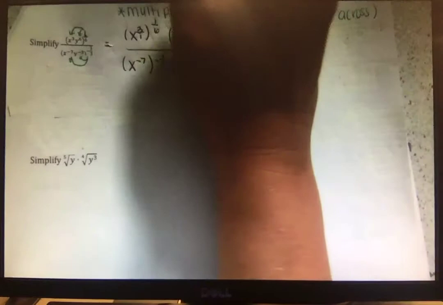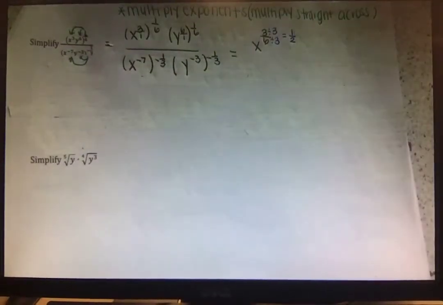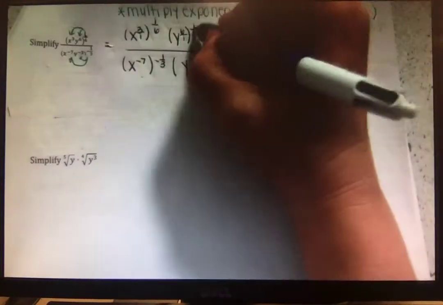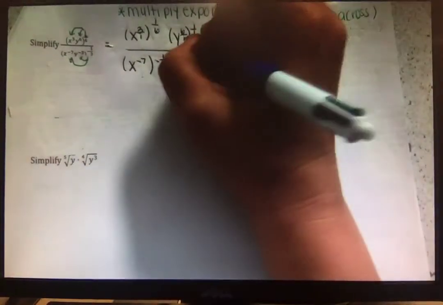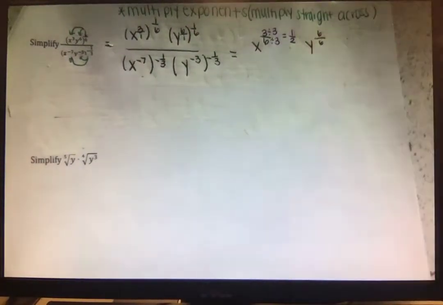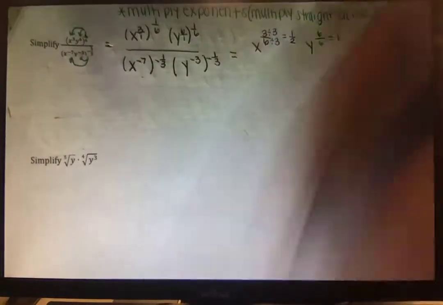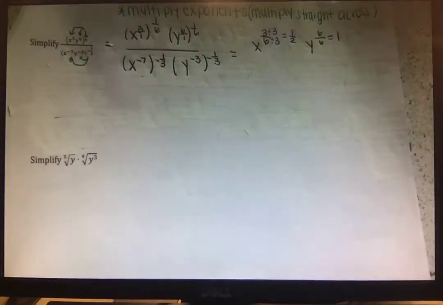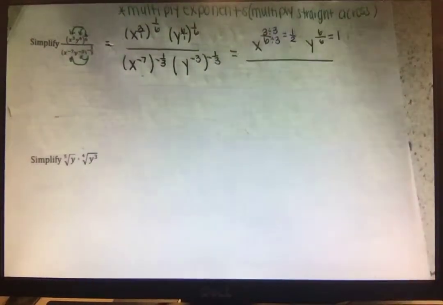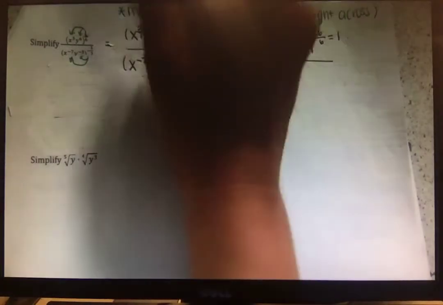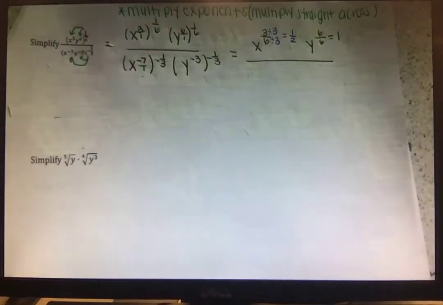Next, we have y to the 6th, which is the same thing as 6 over 1, times 1 over 6. So y, 6 times 1 is 6, over 1 times 6 is 6. 6 divided by 6 can simplify down to 1. Divided by, same thing, -7, which is -7 over 1, times 1/3.